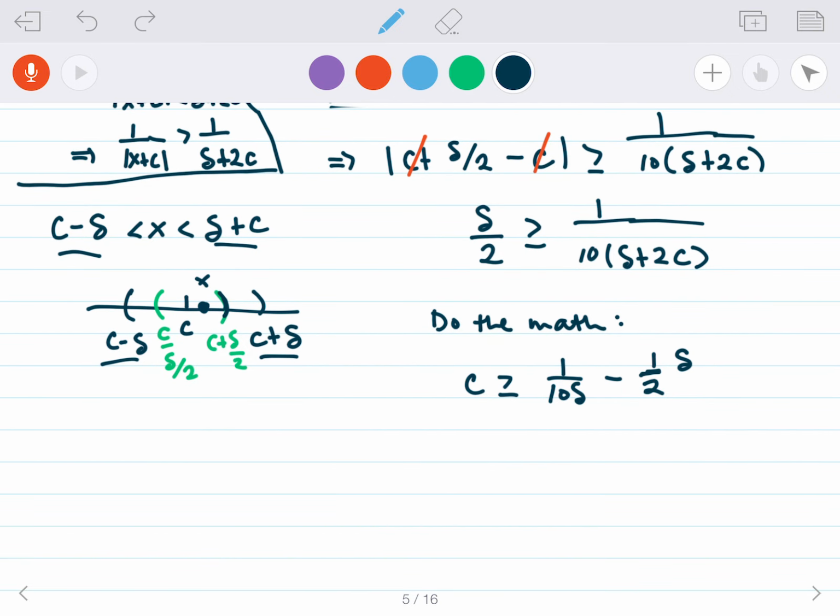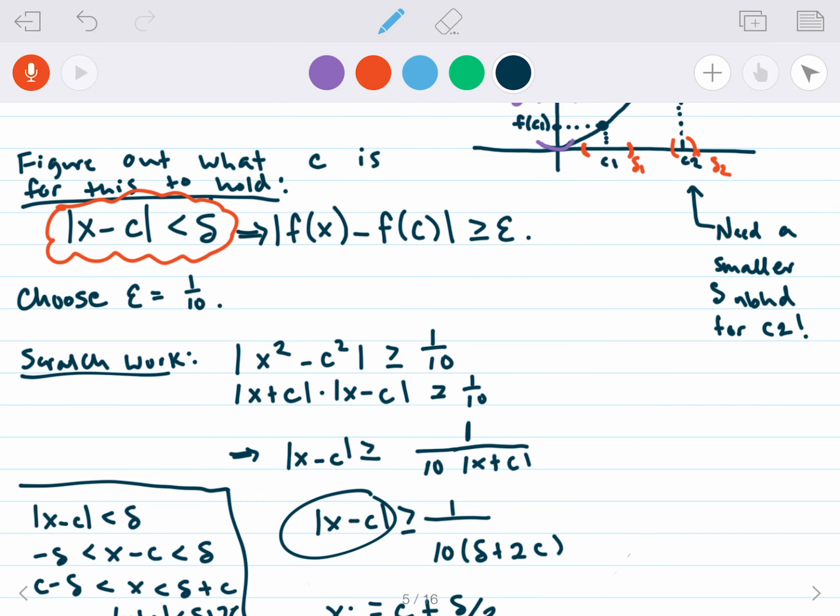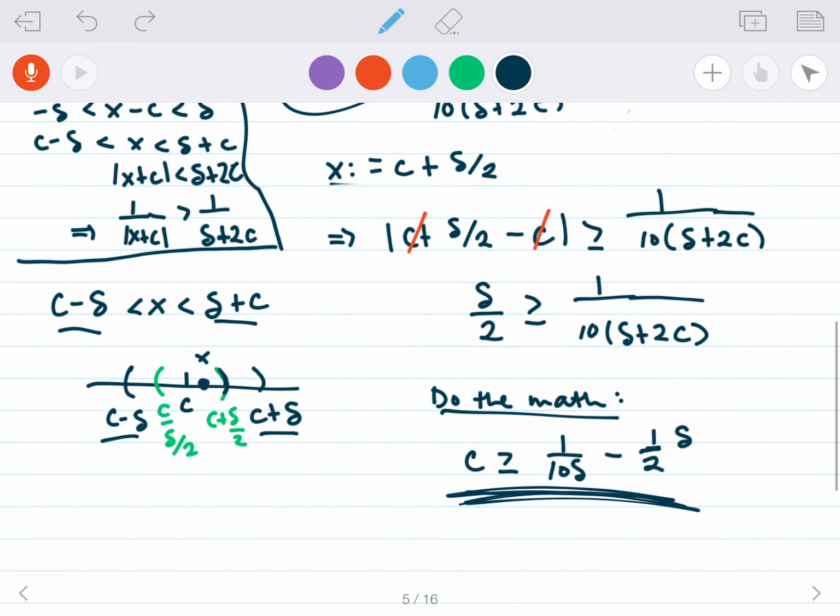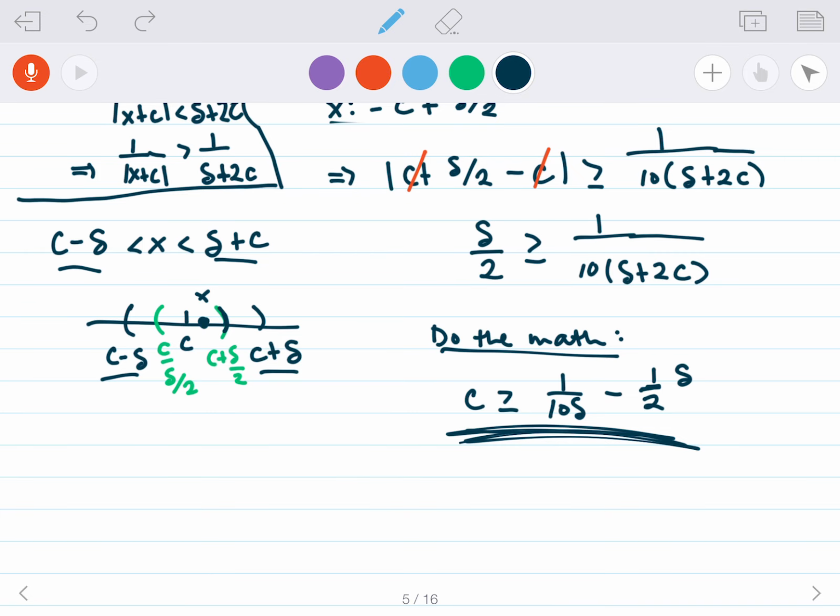So for any c such that this holds, that's going to make this uniform continuity condition fail. I'm going to get absolute f of x minus f of c is bigger than or equal to epsilon. And so I don't have to add this piece on because that's just telling me, okay, take something away from this. So I can simply say if c is larger than 1 over 10 delta, then what happens?